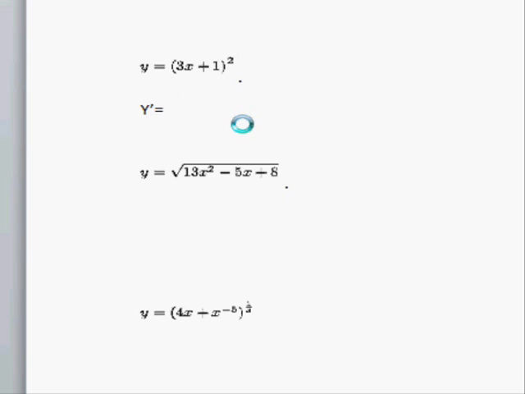So basically we take down the 2, follow the rule, parentheses 3x plus 1 to the first power, times the derivative of what is inside, which is 3, which leaves us an answer of 6 times (3x plus 1).